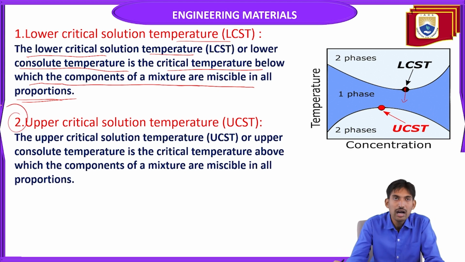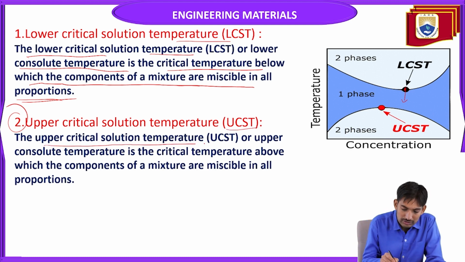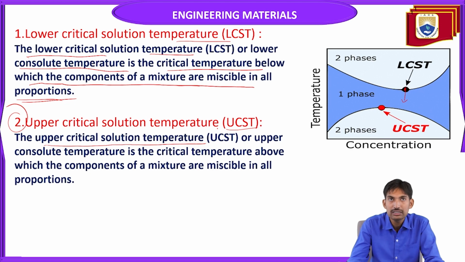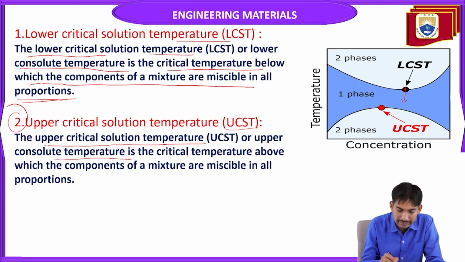The second one is upper critical solution temperature. The UCST, or upper consolute temperature, is the critical temperature above which the components of a mixture are miscible in all proportions.